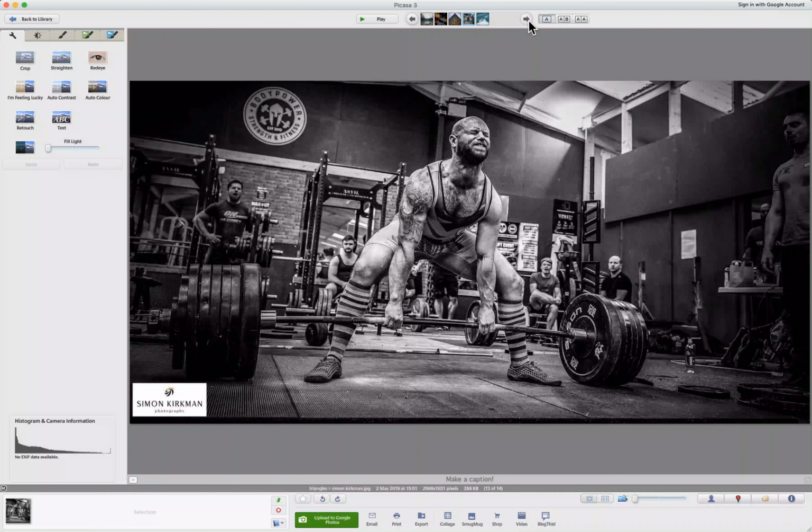And then there's this shot from Simon Kirkman. I mean, Simon's photography is amazing, isn't it? Particularly when he goes into the more underbelly, underworld of wrestling, of tattoo parlors, etc. He's got a real knack for getting close to people, being able to get great pictures whilst they're kind of unaware of him, really.